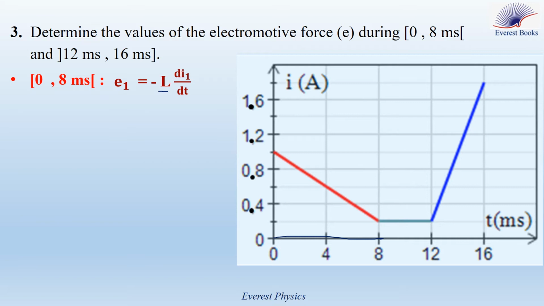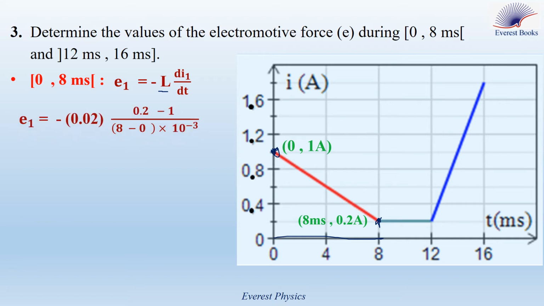Now, to determine the slope of the straight line, we need to choose 2 points. For example, I will choose this point and this point. What are the coordinates of these 2 points? The first point is 8 milliseconds with 0.2 amperes, and the second one is 0 with 1 ampere. Now we are ready to calculate E1.